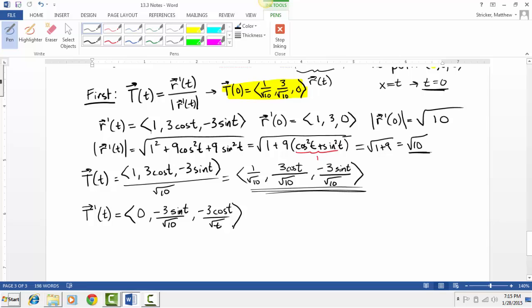And we want to evaluate this at t equals 0. So T prime of 0 is 0. Of course, sine of 0 is 0, so that's 0 for the y component. And oh, I see I made a typo here. This is not square root t, that is square root 10. So if I plug in 0 for the z component, cosine of 0 is 1, so I have negative 3 times 1 over root 10, which is negative 3 over the square root of 10.